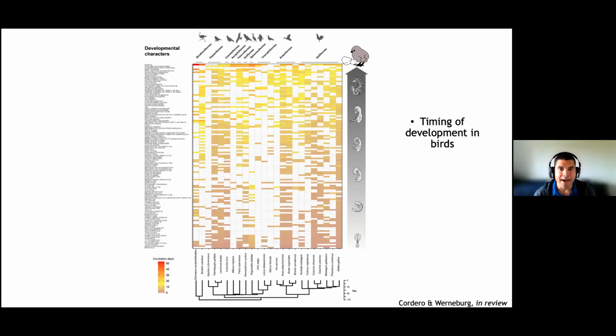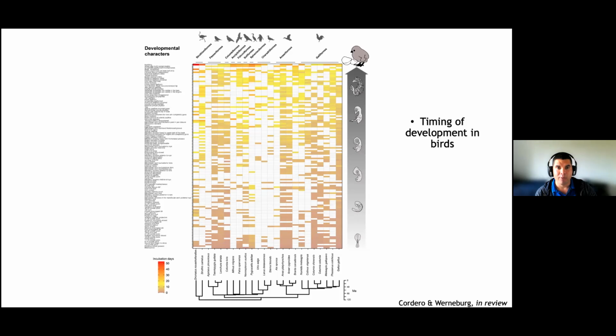There is not a whole lot of information in most bird species, actually. Birds have about 10,000 species, and we're only showing here about 20 to 25. So most of what we know about bird development comes from chicken and other domesticated breeds, including geese.